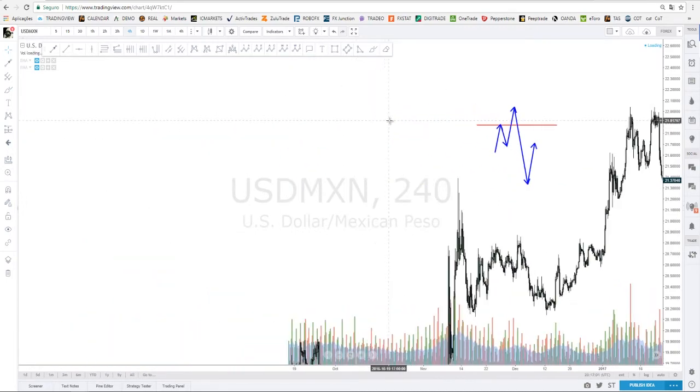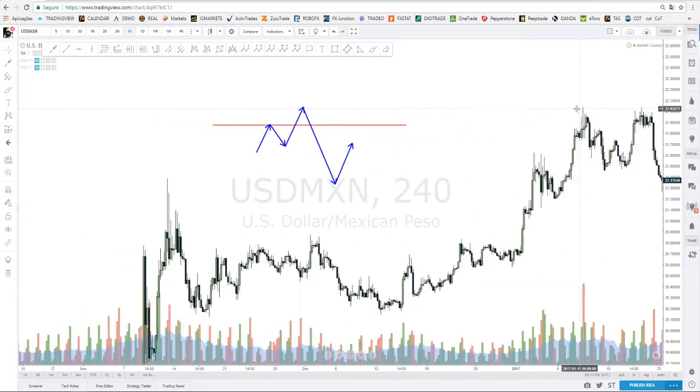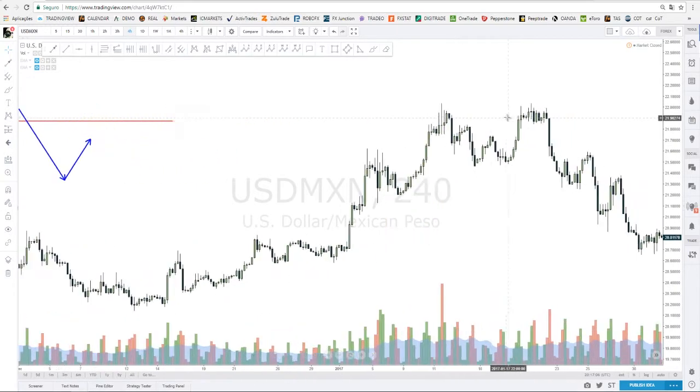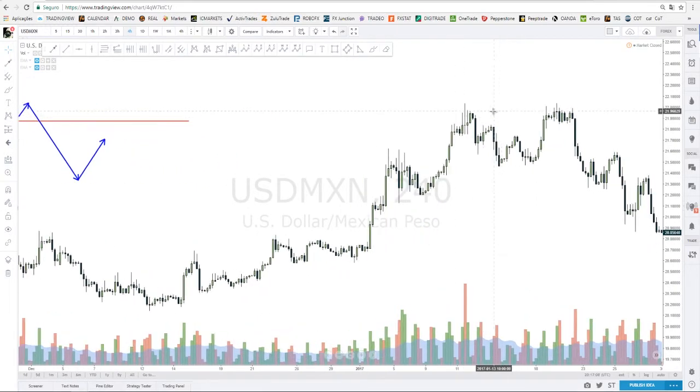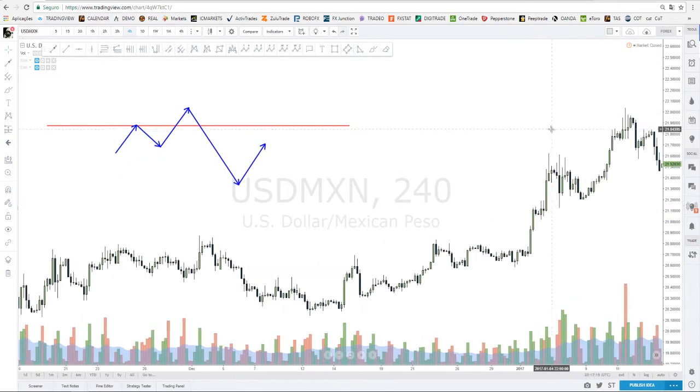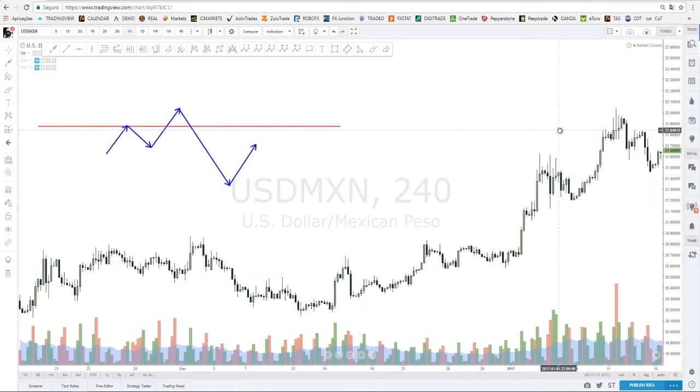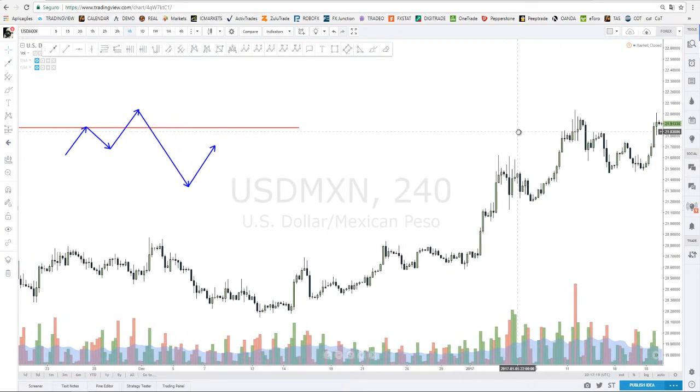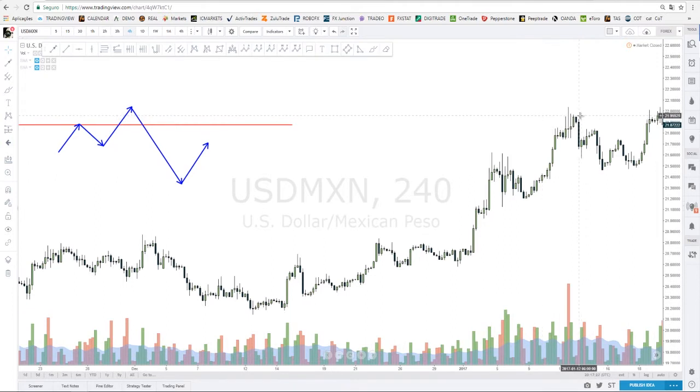Okay, so let's see if we had some. For example, we had here some days going down, and then it went back up, and it went a little bit above. So this is not a perfect turtle soup, but I think it's good to show you guys.